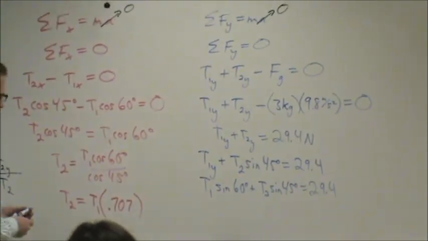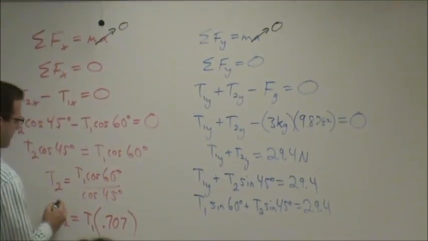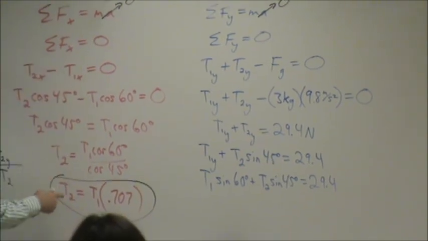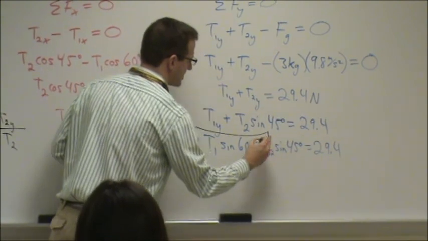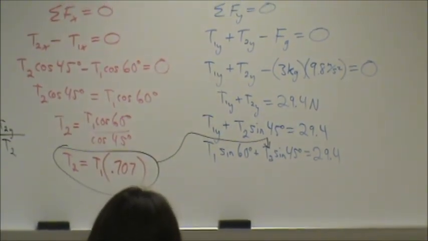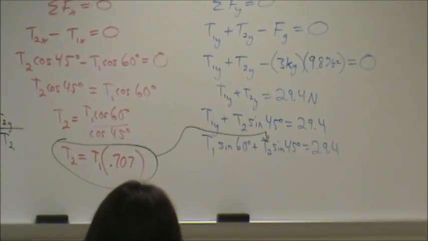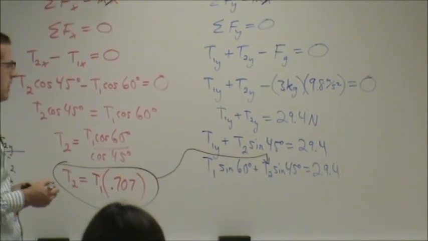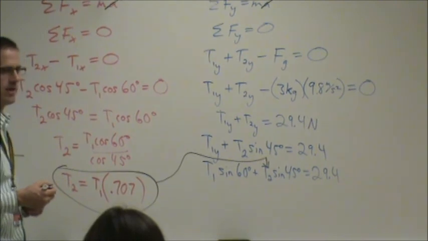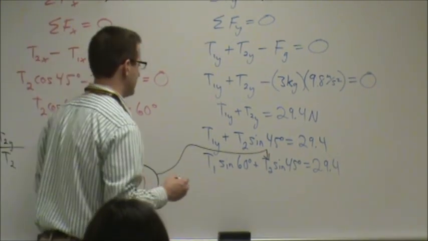Right, you just solve for T2. It's the same T2 that's over here, so you can plug that into that spot. And then you just have a little bit of algebra.